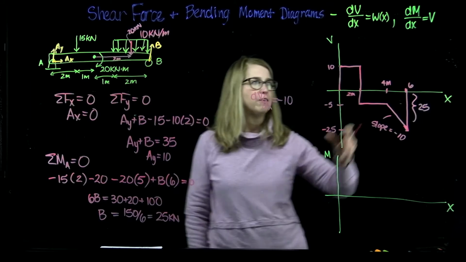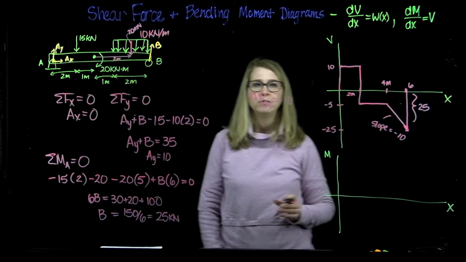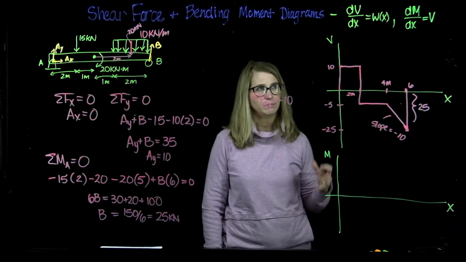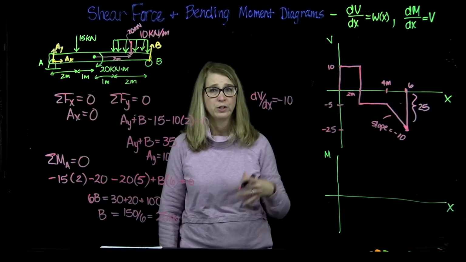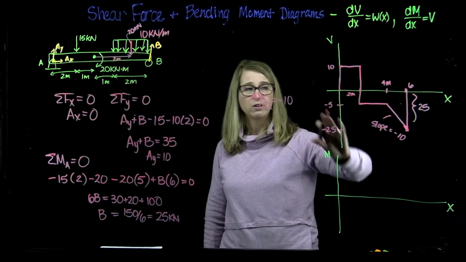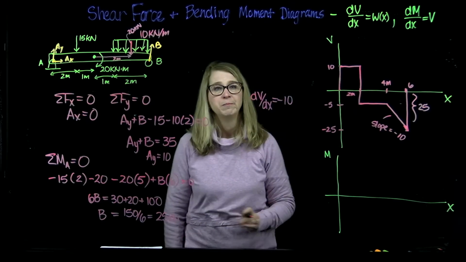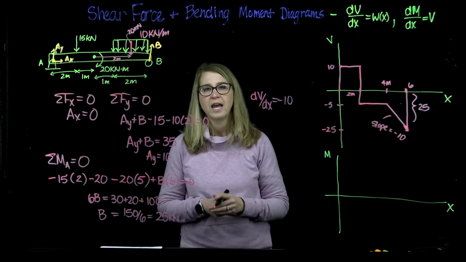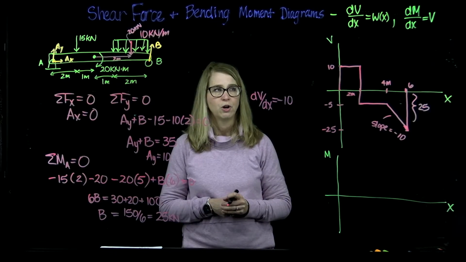Now, because of the fact that the bending moment does depend on the shear force, which is usually either a straight horizontal line or it's a slanted line, the bending moment can be a little bit more difficult to draw.